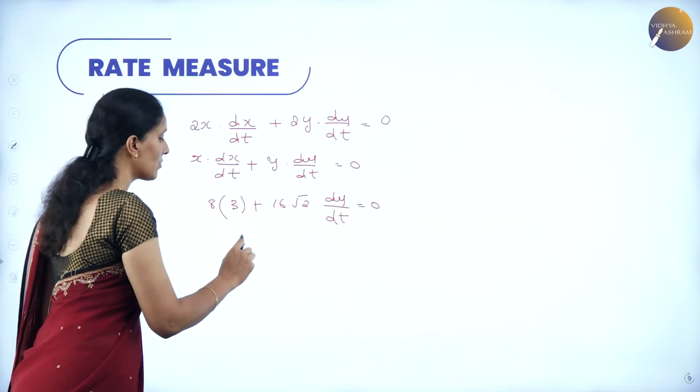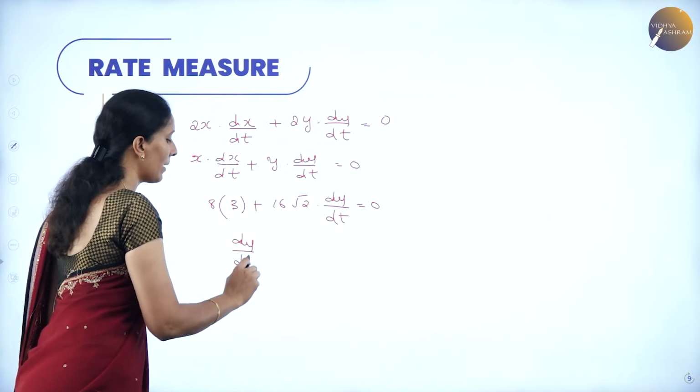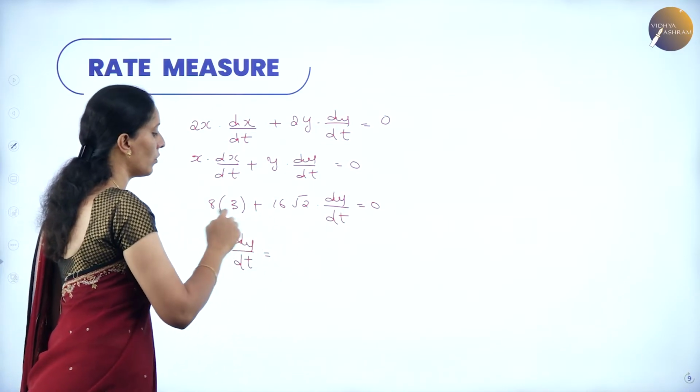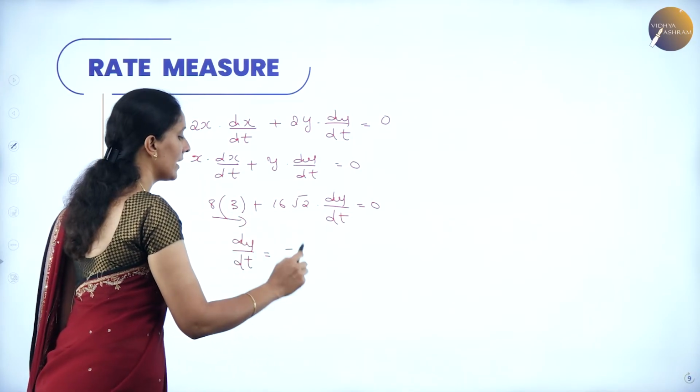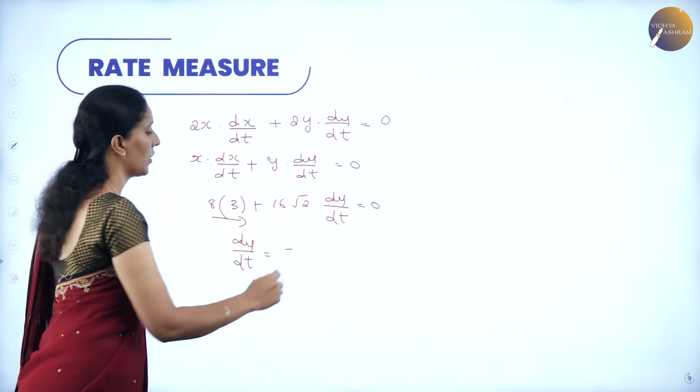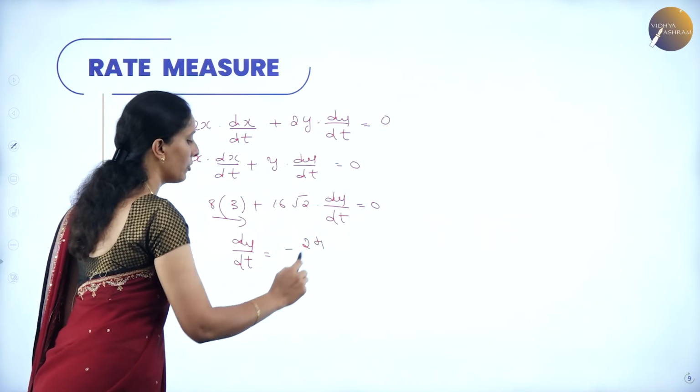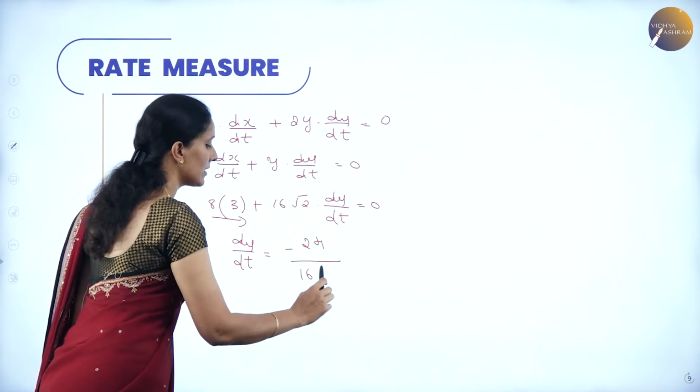Solving this, when you shift to the other side, dy by dt is equal to minus 8 times 3, which is 24, divided by 16 root 2.